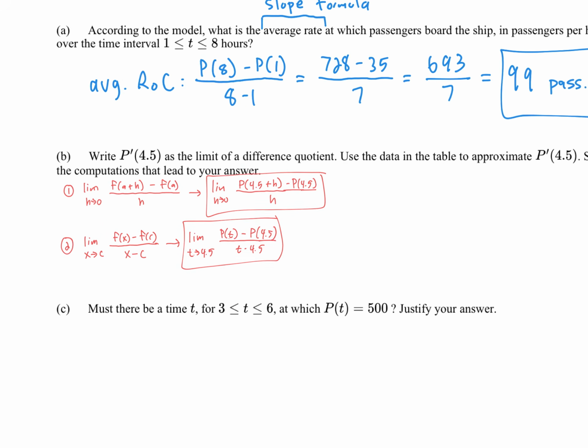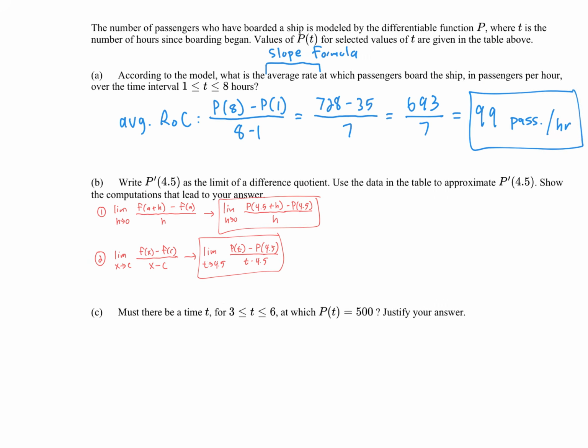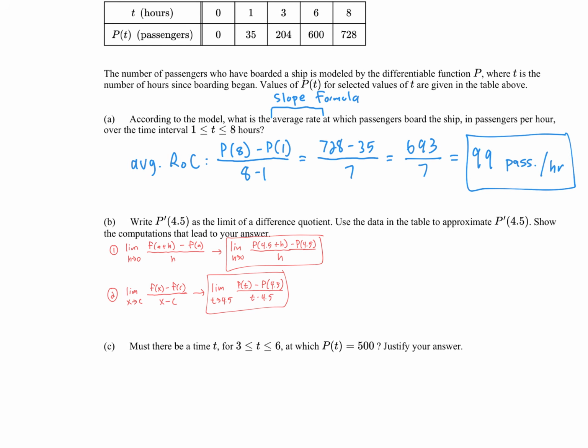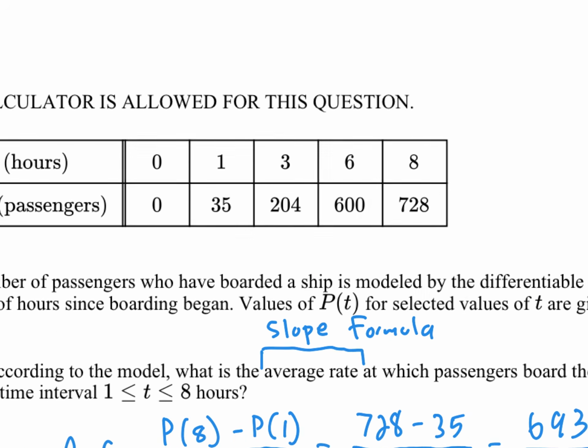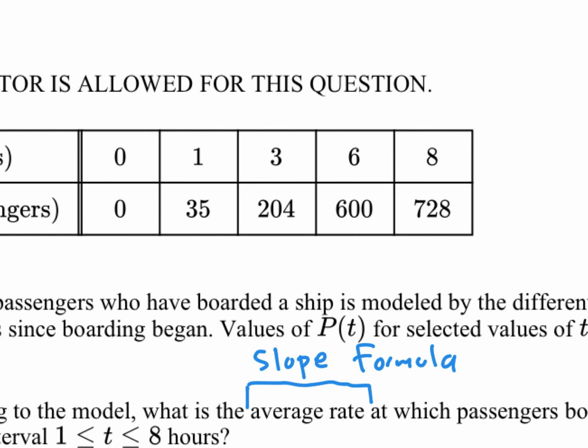Then they say use the data in the table to approximate p prime at 4.5. Whenever you're given a table and you want to approximate the derivative at a certain point, notice that 4.5 is right in between 3 and 6.